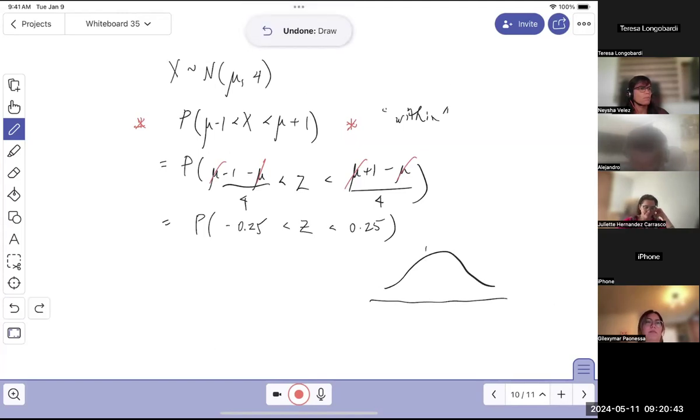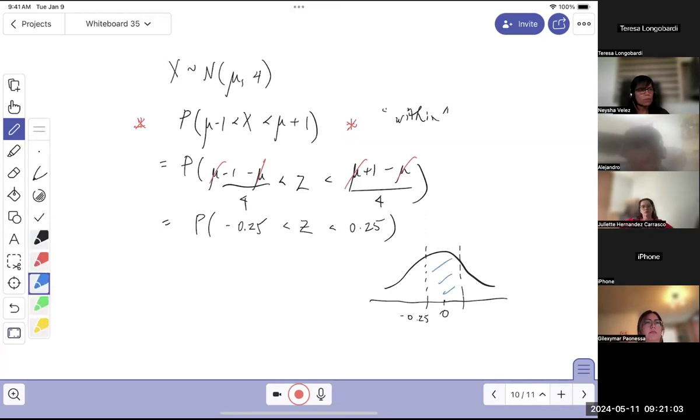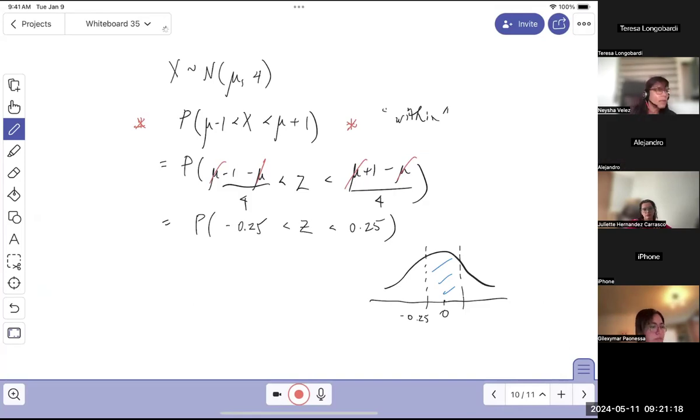Doing a bad job with my lines. Oh, sorry, it's a 0 here, right? So what should I do? I want this area here. The tables only give me the left side. So I look up negative 0.25 on the table. What do I get?